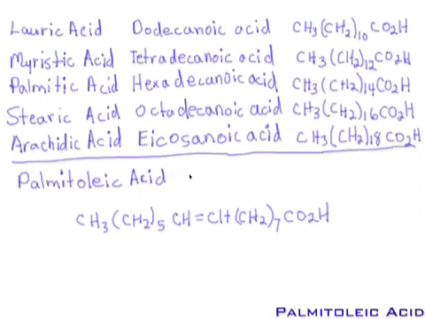Because it's only one double bond, I don't need numbers. I can just say Z for cis. It's the Z configuration. And it's at carbon 9. So Z9, if you like. Hexadecanoic acid.